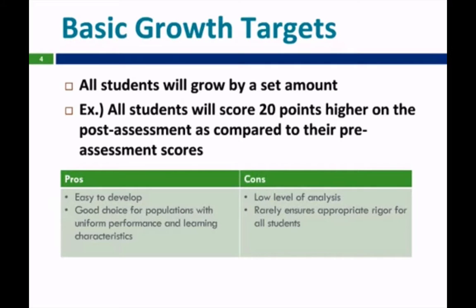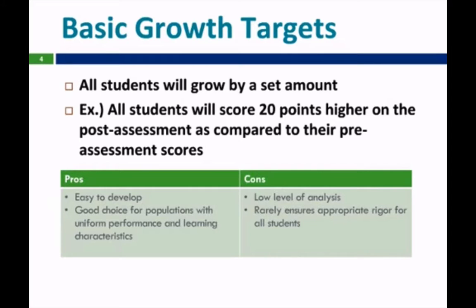And in situations where you have students that come into the course at various levels of preparation, unfortunately, these types of growth targets rarely ensure that appropriate rigor is present for all students. You can imagine, some students at the lower end of the achievement scale may need to grow quite a bit in order to be reasonably well prepared for the next grade level or for the next elective in a series of electives.